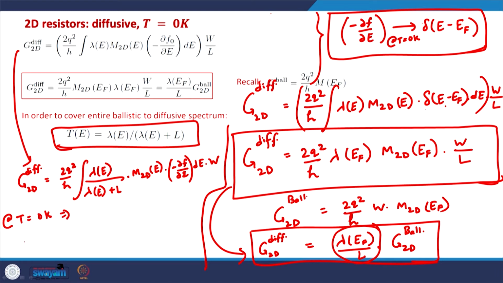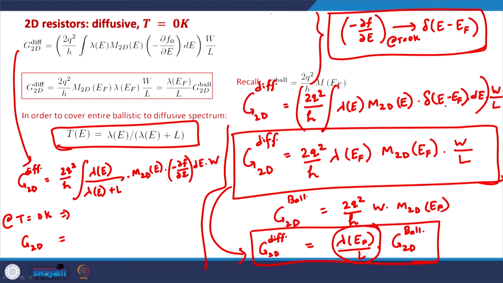And at T equal to 0 Kelvin, this will essentially be the conductance of a diffusive conductor, or in a more general case, any conductor.